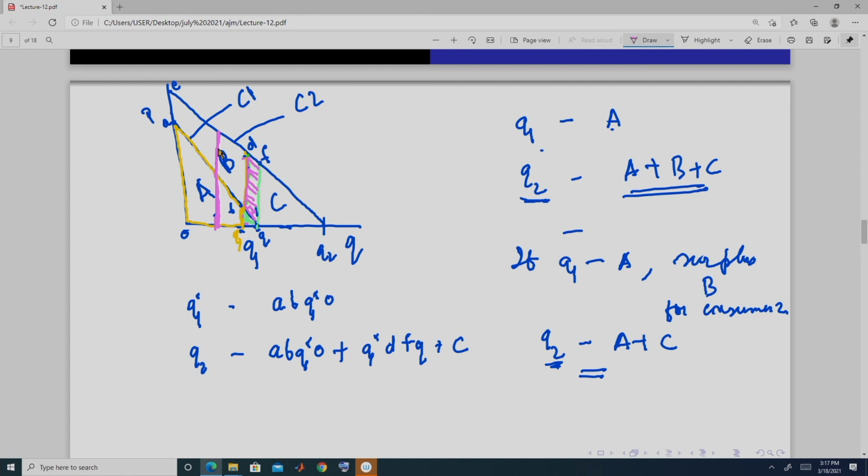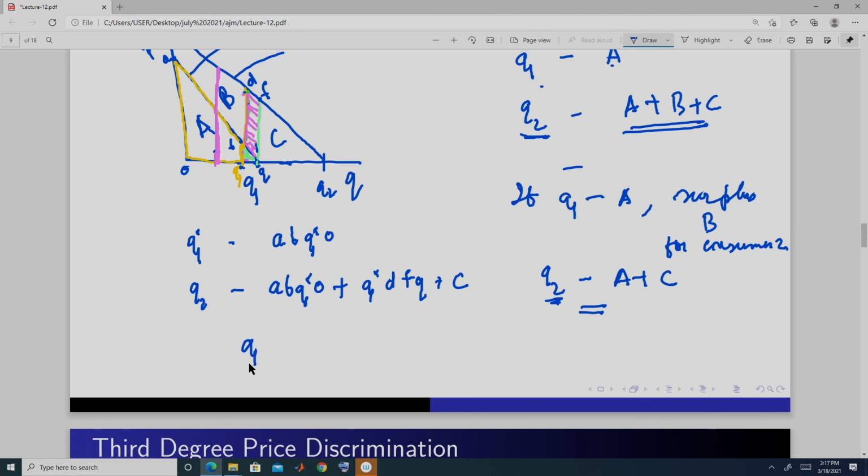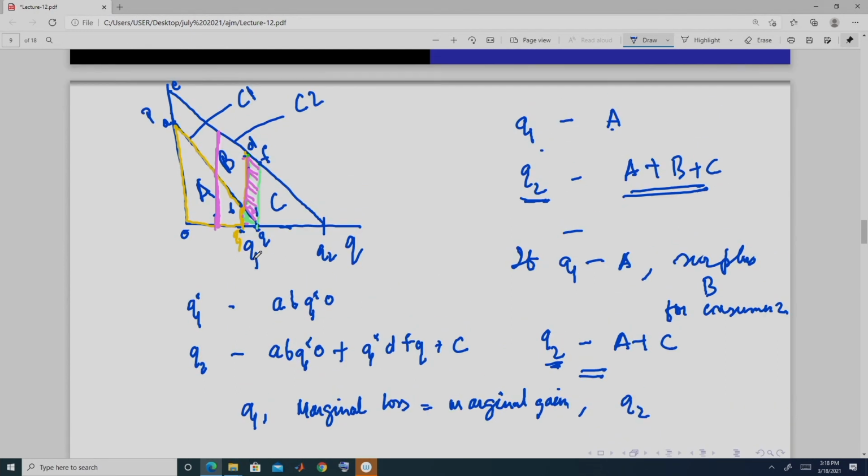So, this bundle Q1 will be determined in such a way that marginal loss is equal to marginal gain. Okay. And Q2 is going to remain the same, and this whole region is going to be charged for the second consumer, and consumer 1 will be charged only this amount. Okay. So, this is second degree price discrimination.